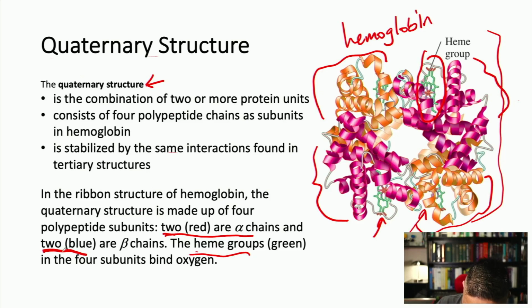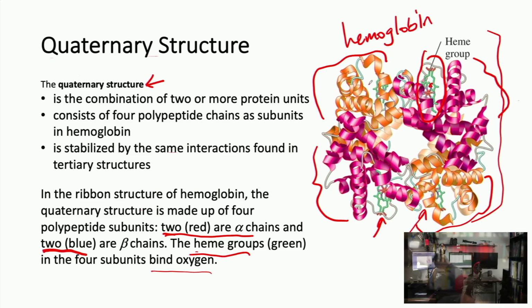All 4 of them bind oxygen. There's a heme group there that binds oxygen, there's a heme group there that binds oxygen, and so on for each of the four. That's very confusing.